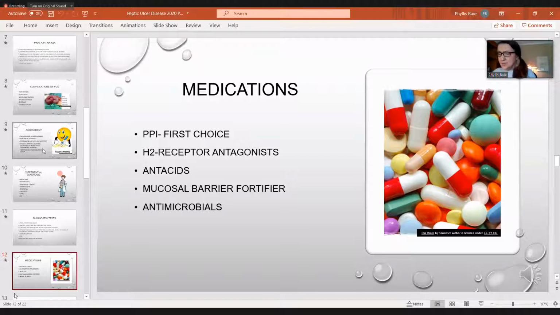Now, some of the side effects that we want to be aware of with the proton pump inhibitors are headache, diarrhea, nausea, constipation, which I think are all true with every medication that you look at, and abdominal pain. The person may complain of increased gas in their abdomen.